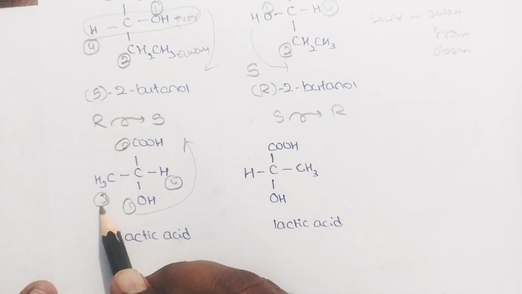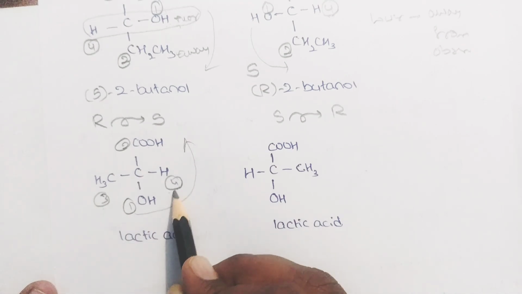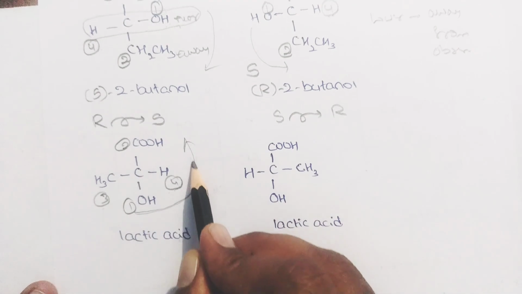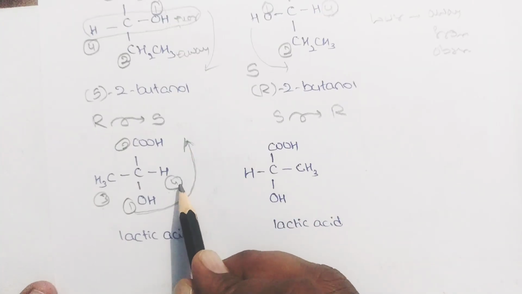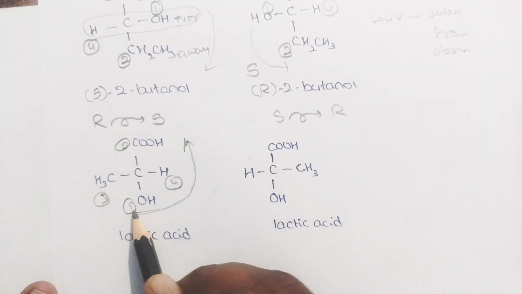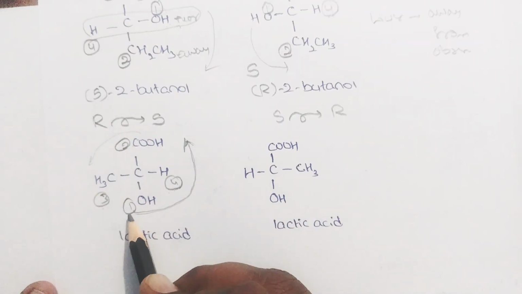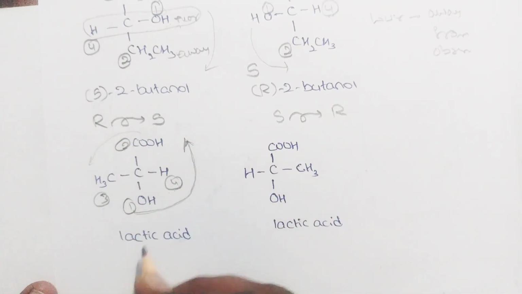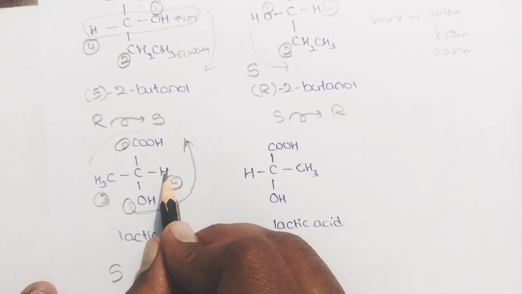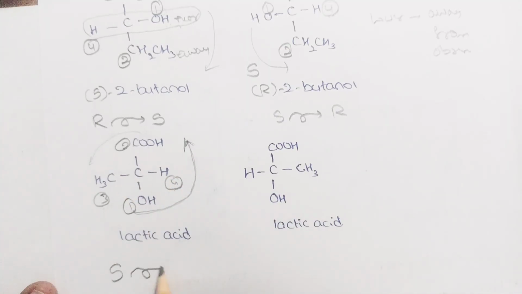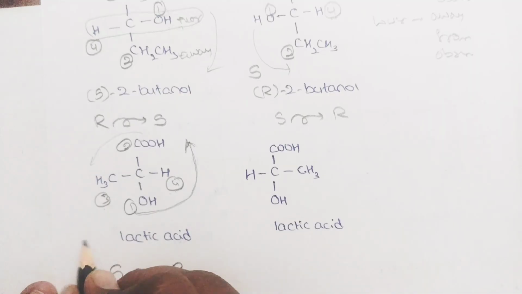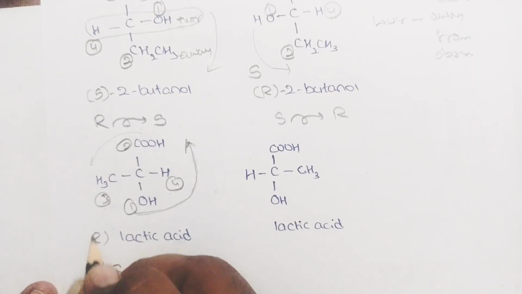We should not bypass the 3, we should bypass the 4, the lower priority, so that we get 1, 2, 3. So this will be S, but the lower priority group is on the horizontal line, hence it should be R, hence it is R-lactic acid.